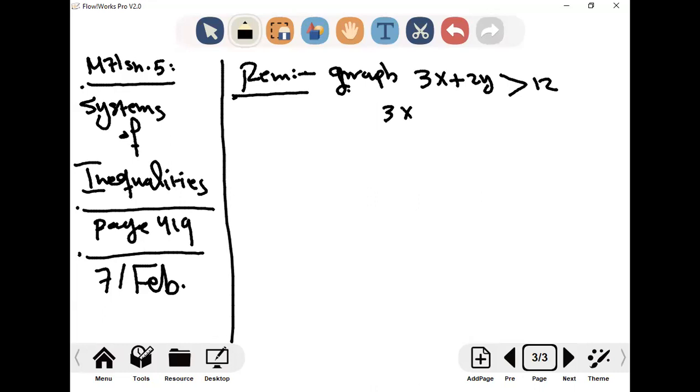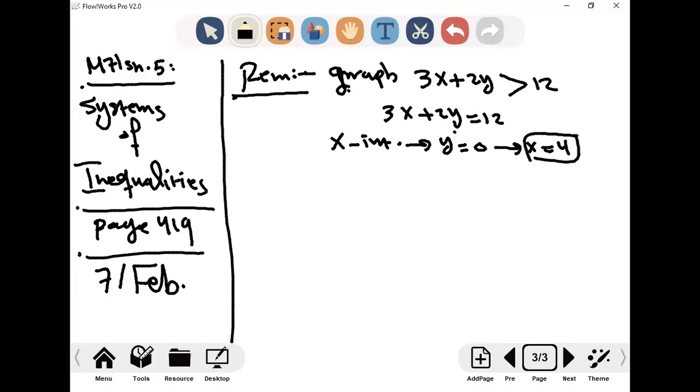So here, 3x plus 2y equal 12. This is the first step, to turn the inequality to equation. Then we find the intercepts. To find x-intercept, we put y equal 0. So 3x equal 12. Divide by 3, x will be 4. This is the x-intercept, where the line will intersect with the x-axis.